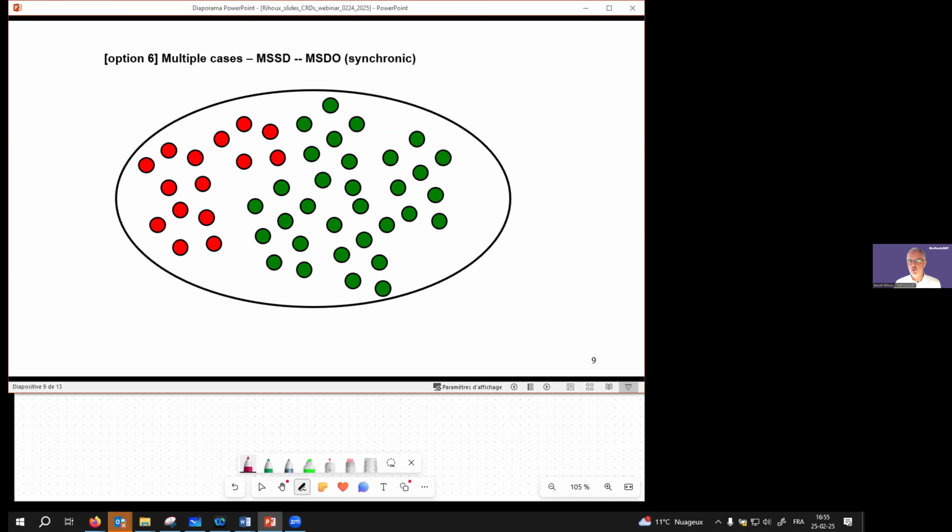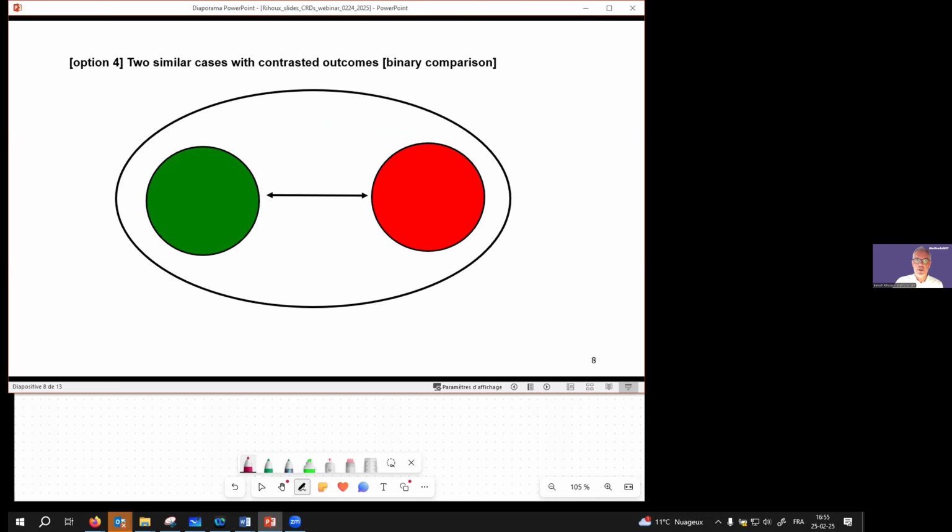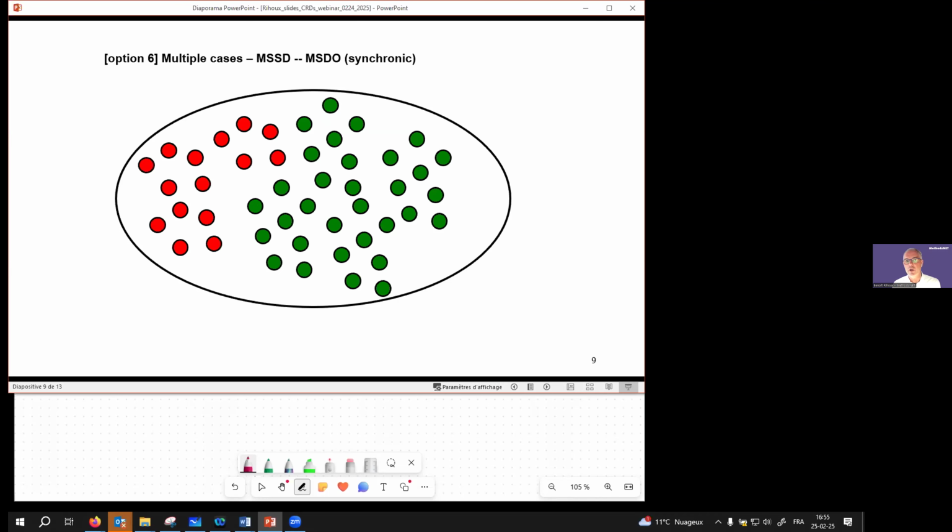All right, so two examples. Note that this option, the binary comparison, MSDO comparison, and the multiple case comparison, MSDO, these two are very much the same logic. Simply that the multi-case MSDO just multiplies the observations and enables you to cover more diversity. By the way, in this example also, you have a really neat, interesting feature of multiple case comparison is that you cover the whole population of EU countries in my example, right?